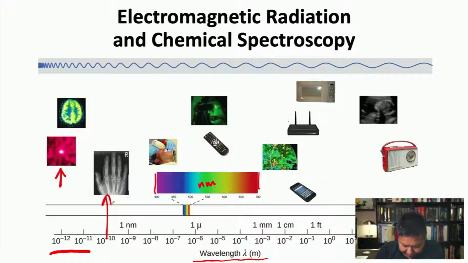We have somebody getting some teeth whitening done right here, I think, with some UV light. And then we have the visible spectrum, right there, which is 400 nanometers to 700 nanometers. Notice again, as the wavelengths get shorter, that's what the small number is, right? That's 10 to the negative 12, right?